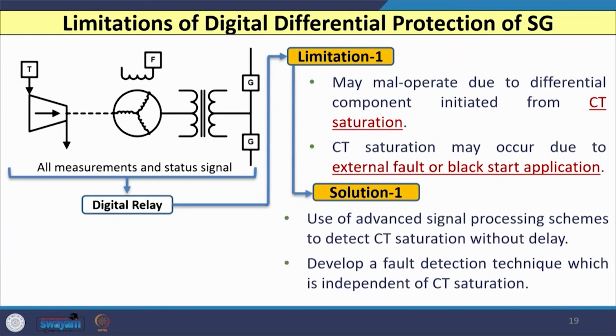With this background, let us see the limitations of digital differential protection of a synchronous generator. This is my generator with the prime mover and the associated generator transformer unit, and we are acquiring the measurements, which are given to the digital relay.